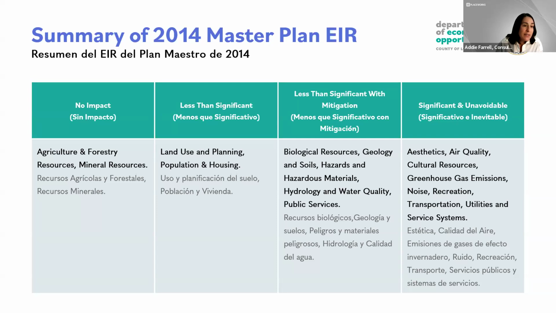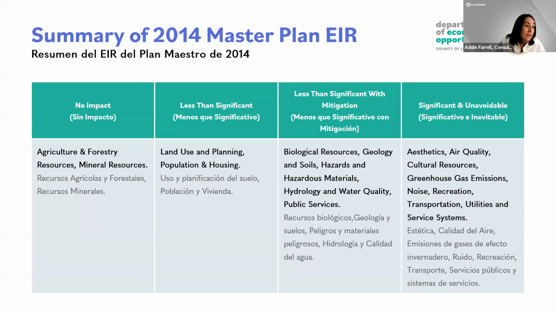This slide here presents a very high level summary of the environmental impact conclusions that were presented in the 2014 EIR. This EIR, I will say, is online. It's on the county's website, same location as the notice of preparation, which is how we all got here tonight. So feel free to take a look. There's a lot of history and background information that is available to you.